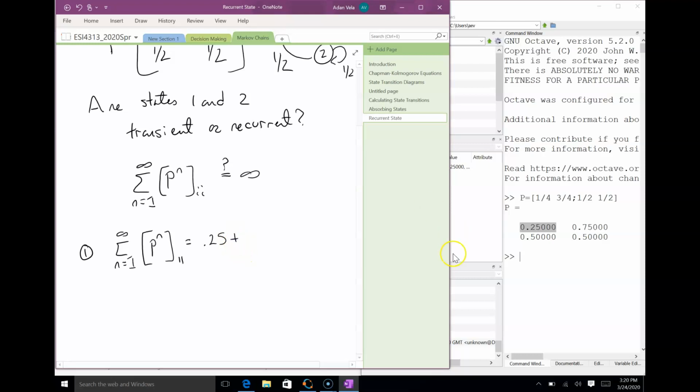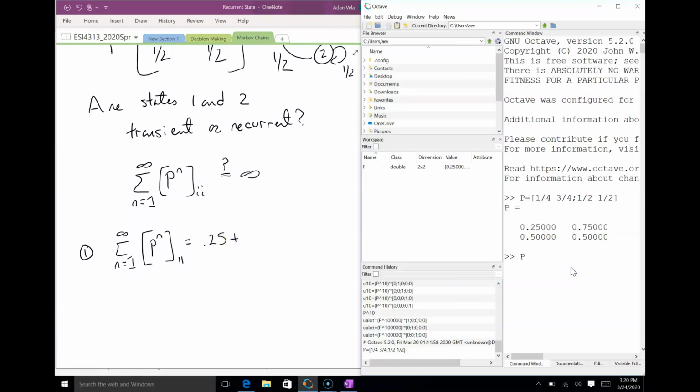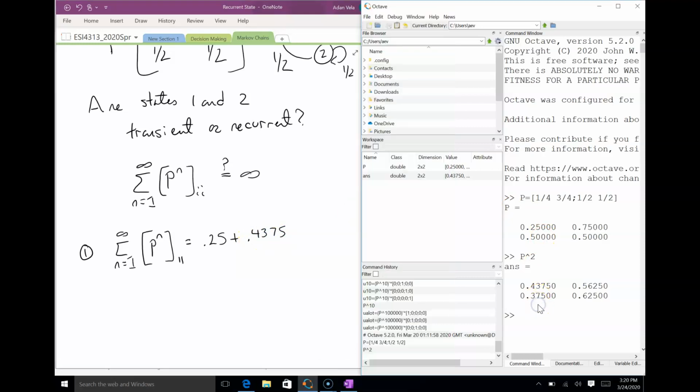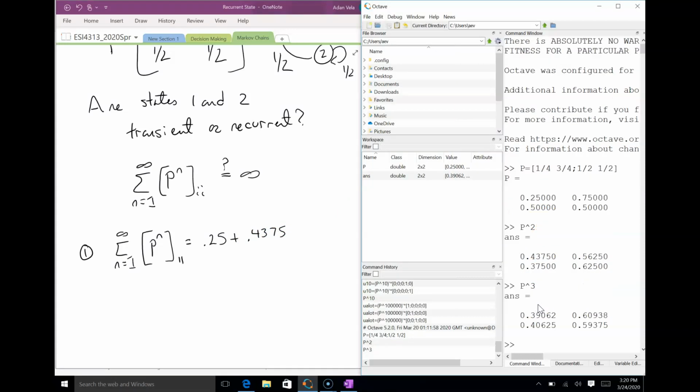Plus, we're now going to take out the 1, 1 term for p squared. When we do p squared, we get 0.4375.